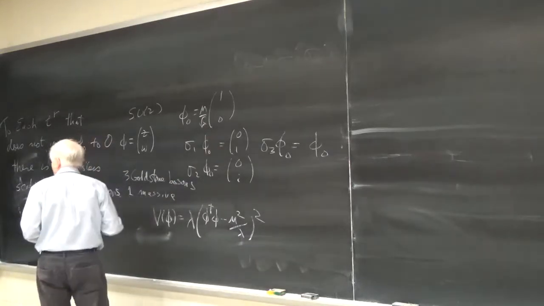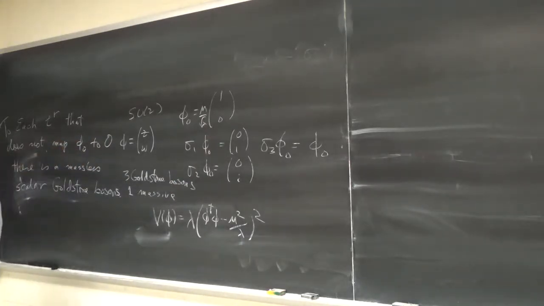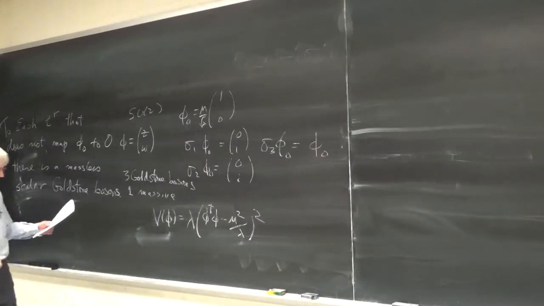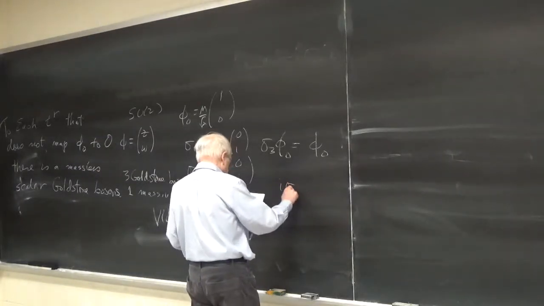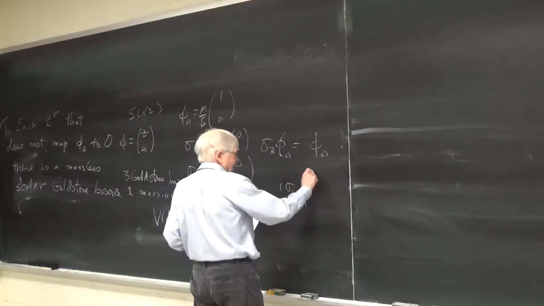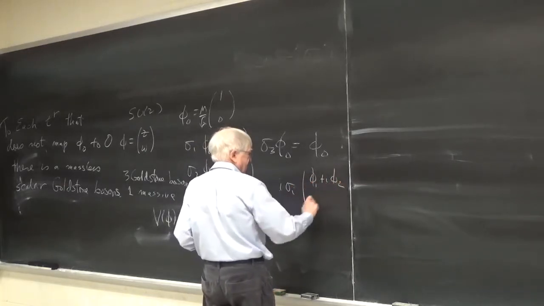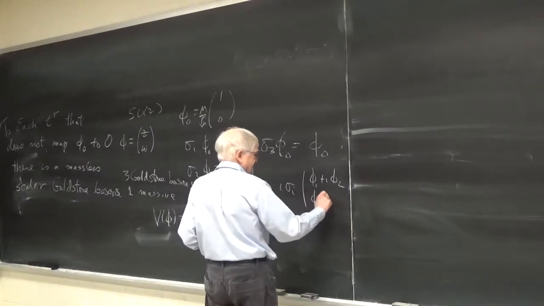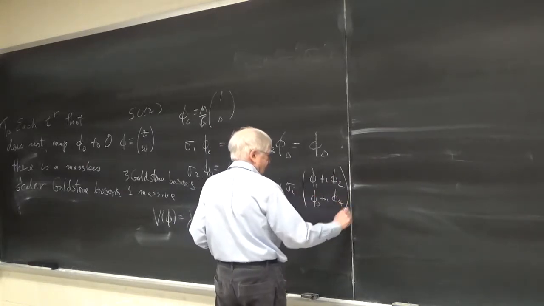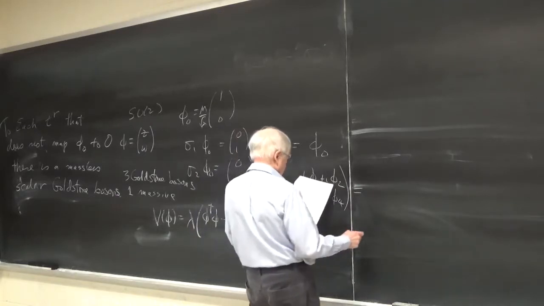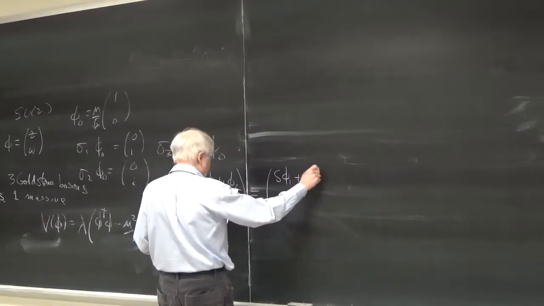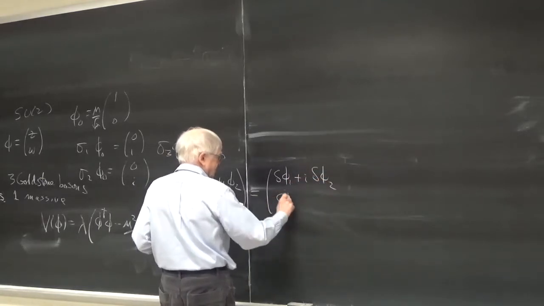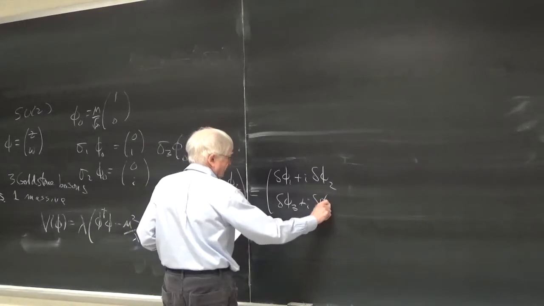These fields, of course, were complex, and this analysis was in terms of real fields. In order to make the correspondence exact, one would look for fields phi 1 plus i phi 2, phi 3 plus i phi 4, transforming to delta phi 1 plus i delta phi 2, delta phi 3 plus i delta phi 4.